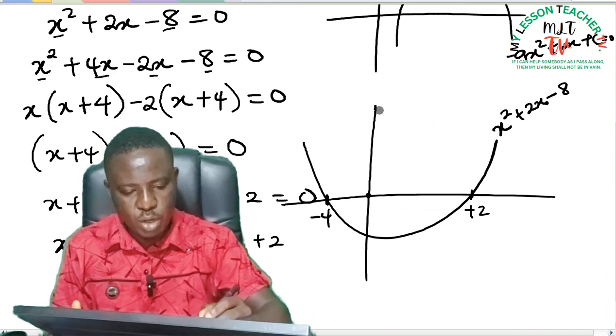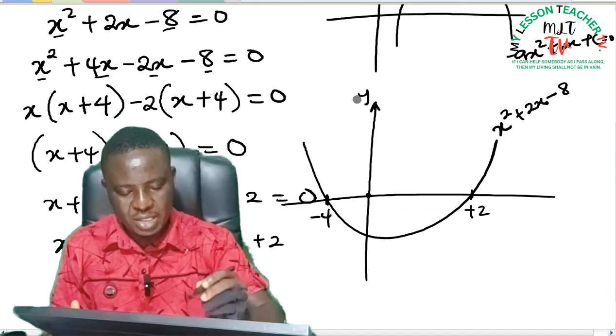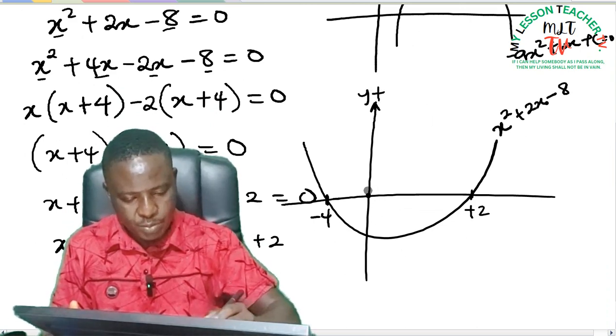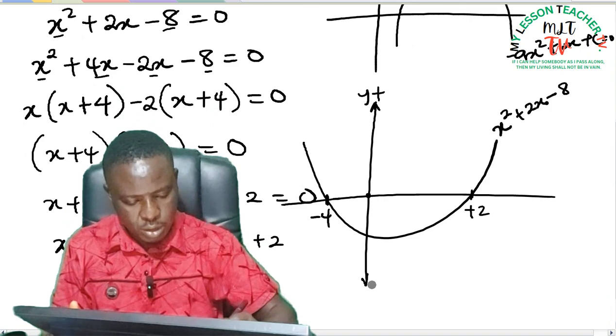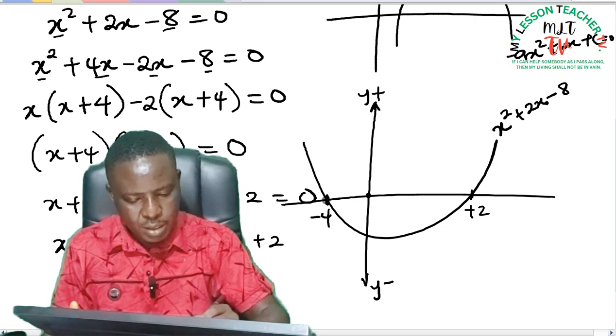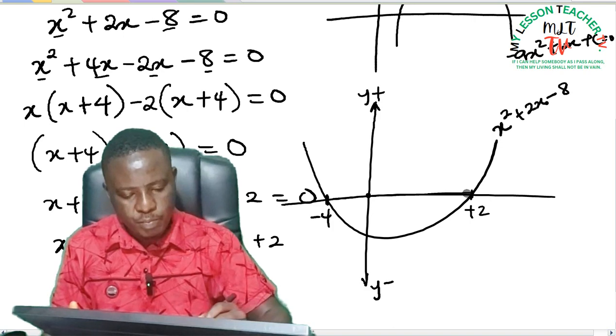So from this point to this point along the y-axis, y is positive, while from the middle point down to minus infinity, you have it to be negative. So it is less than or equal to 0 from this region downwards.